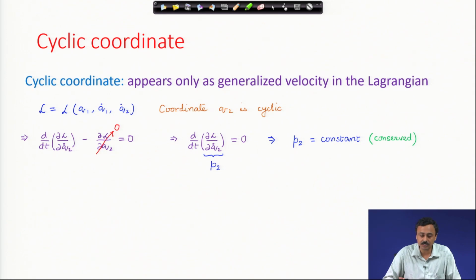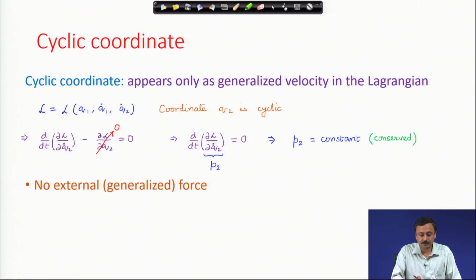These are called constants of motion. Therefore, the generalized momentum corresponding to a cyclic coordinate is conserved, or is a constant of motion.